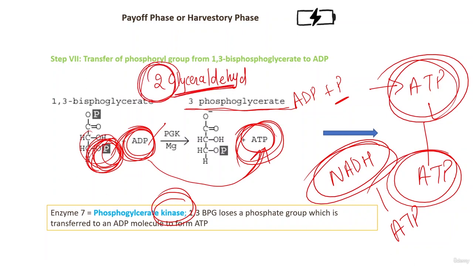We are just showing the process once for one molecule, but it occurs twice. So we are getting 2 NADH from the previous reaction and 2 ATPs here.